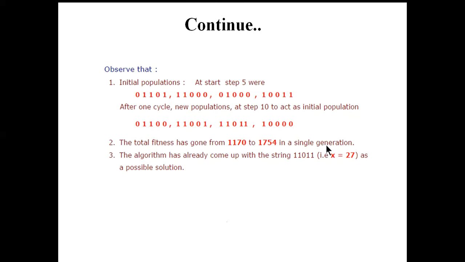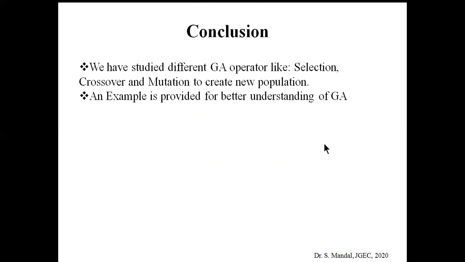Coming to the conclusion, in this class we have studied the different GA operators like selection, crossover, and mutation to create a new population, and these three operators are very important for the evolution of new solutions so that we can move towards the global optimal point.